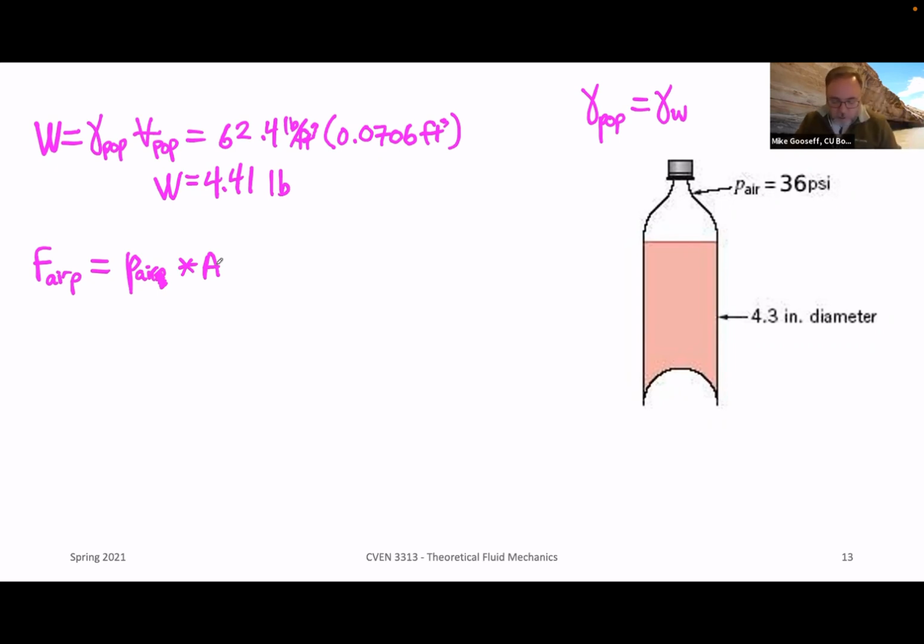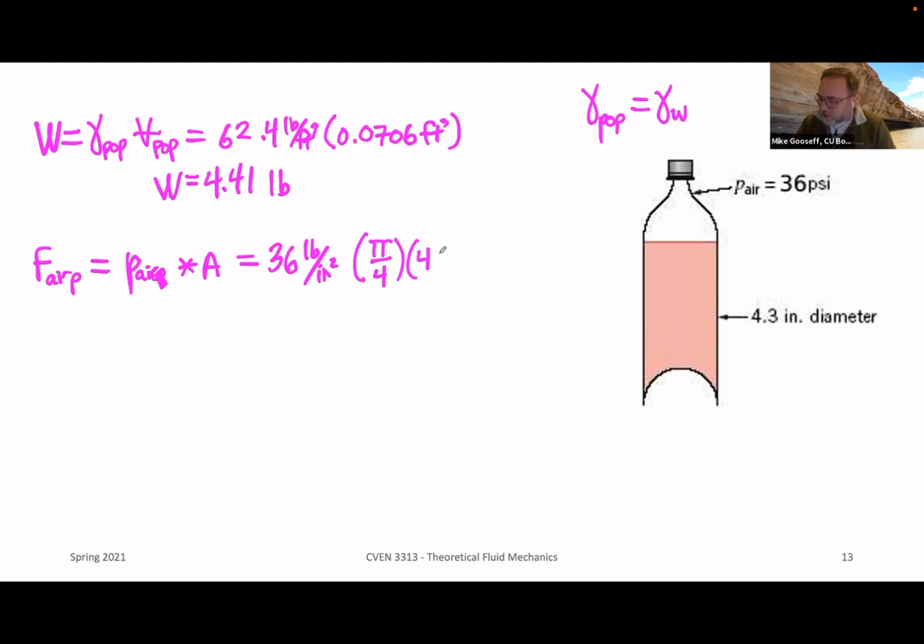So this is going to be equal to 36 pounds per inch squared, PSI, multiplied by pi over 4. Now remember, we were given a diameter, so I'm just going to stick with using the diameter here. So pi over 4 times d squared.